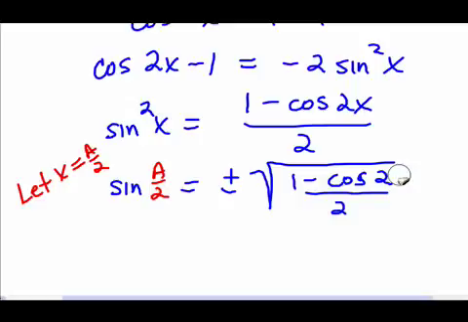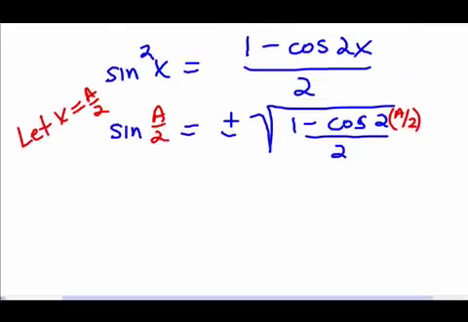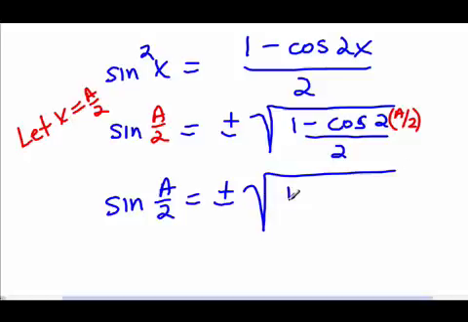Right here, let's take x out and put in a over 2. Well, 2 times a over 2 is just a, giving us the formula that we need to end up with. So the sine of a over 2 is plus or minus the square root of 1 minus cosine a, over 2.